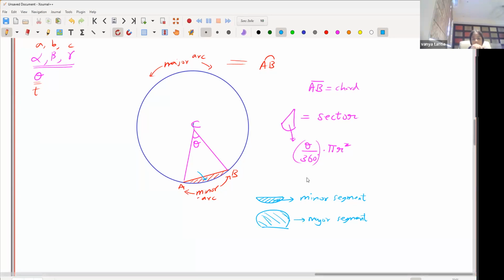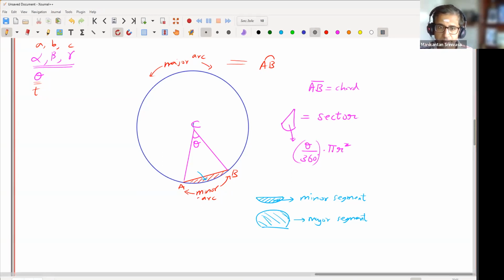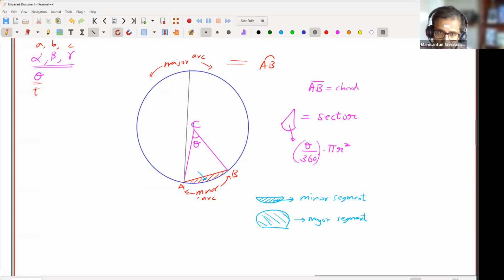Okay. So one important property in a circle is if I touch the circle somewhere and come back. So what do I mean by that? For example, from A, with the chord AB, if I travel till somewhere here, let's say, and then come back here.